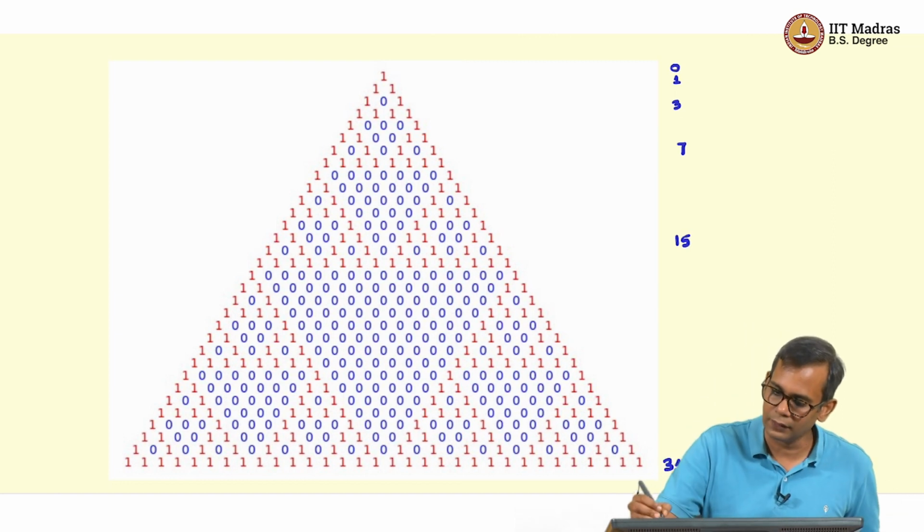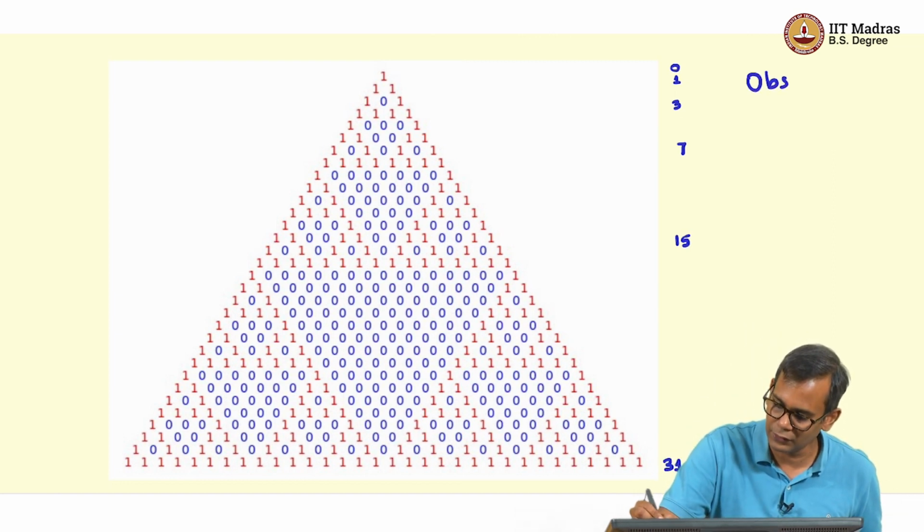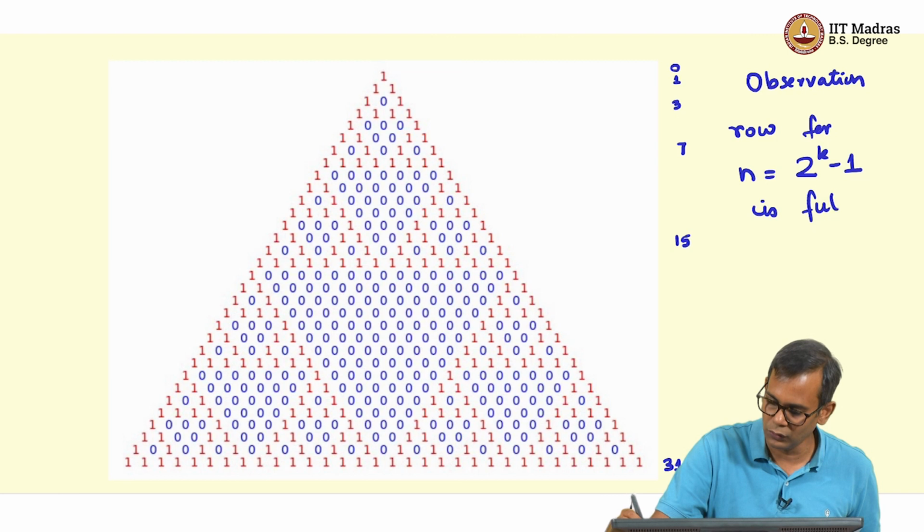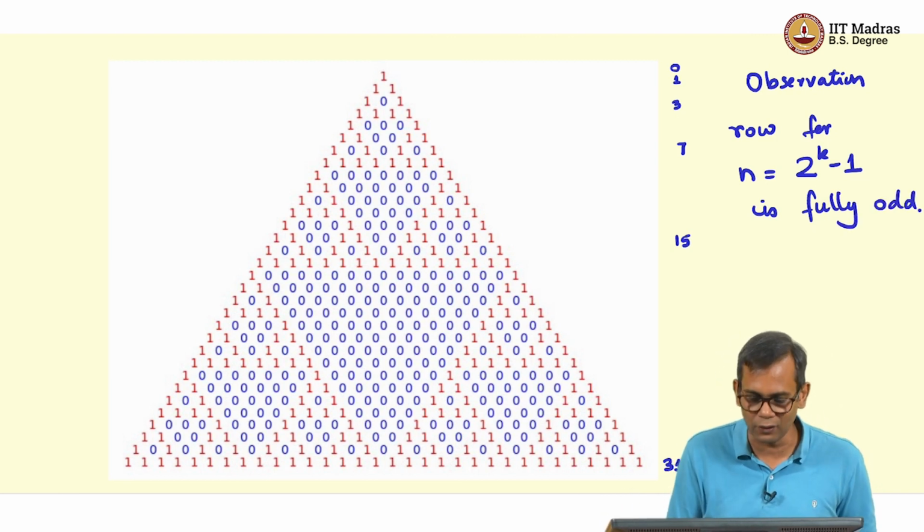So, here is an observation: the row for n equals 2 to the power k minus 1 is fully odd. And what about the row following an odd row?